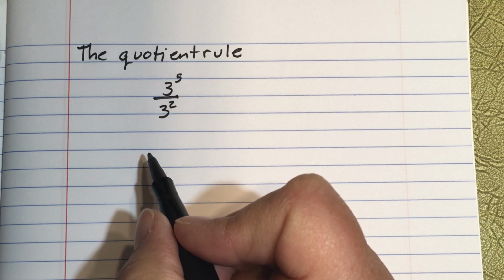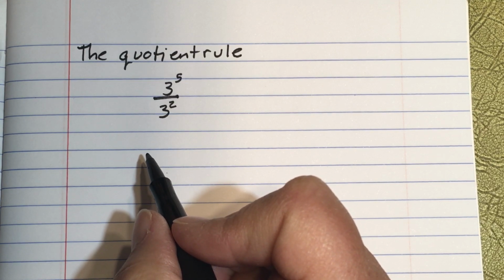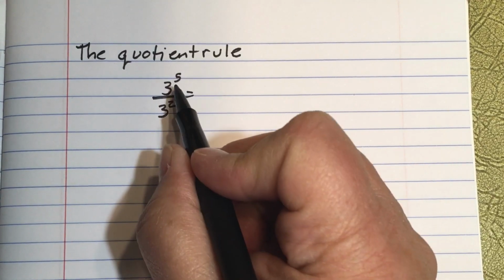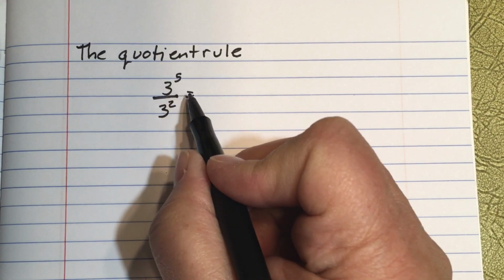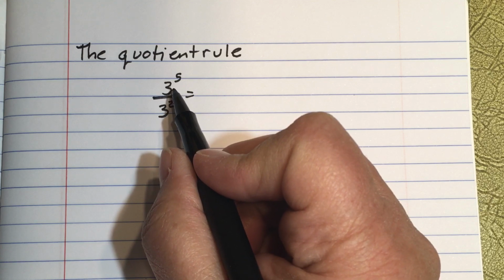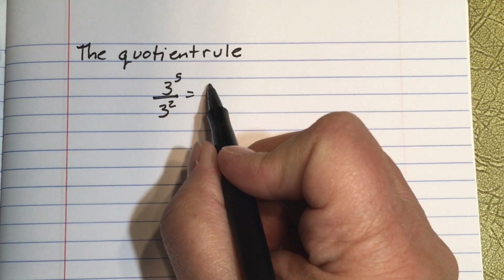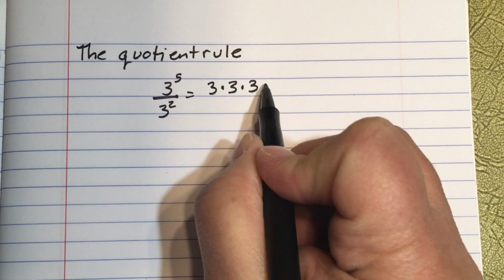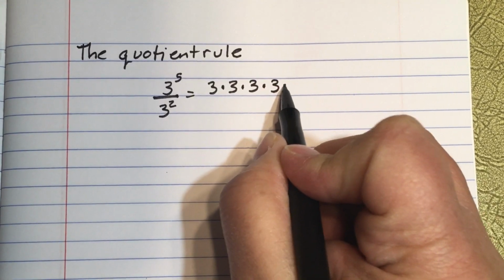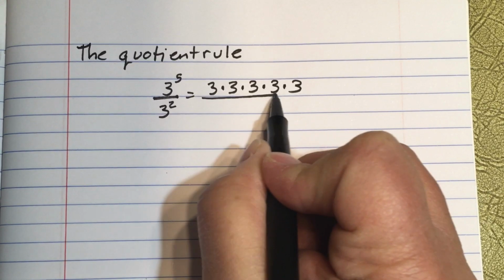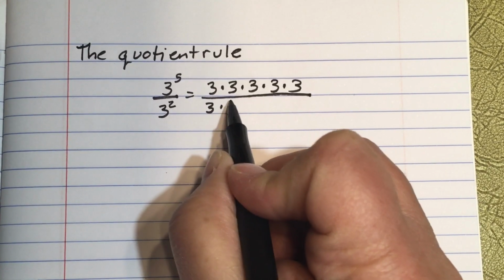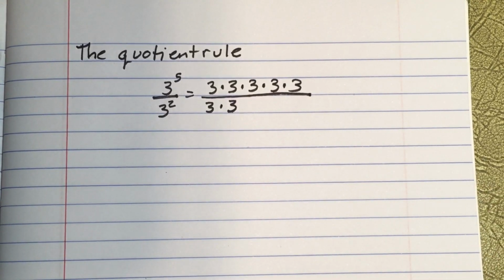It is. Fractions are just division. Don't be afraid of division. It's easy. So that would mean I have 3 to the 5th power. That's 3 used as a base, and I'm going to take it 5 times. So 3 times 3 times 3 times 3 times 3. And I'm going to divide that by 3 squared, or 3 times 3.